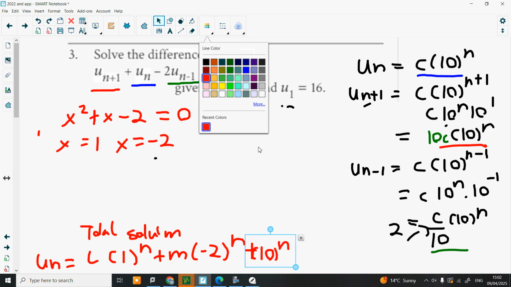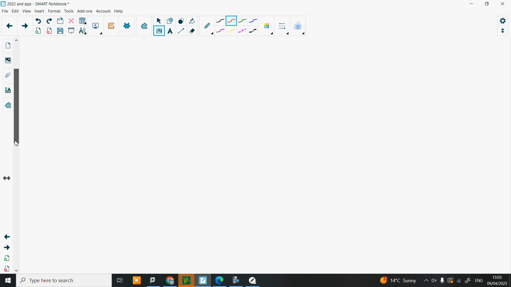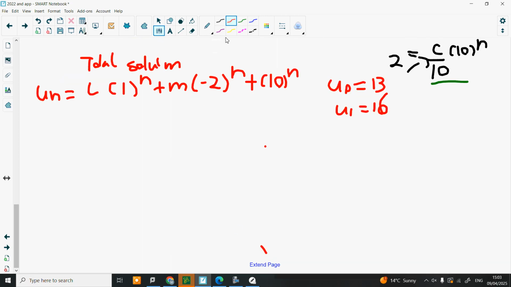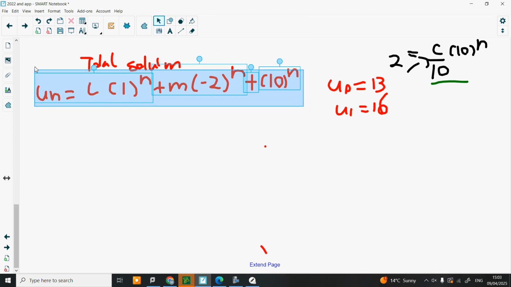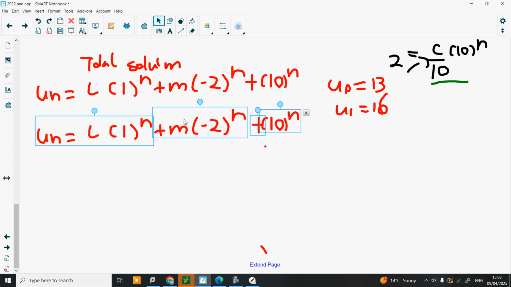Now, what are the two things I have to work with here? U0 and U1. U0 equals 13 and U1 equals 16. Okay, let's work with this now. So, copy this twice.